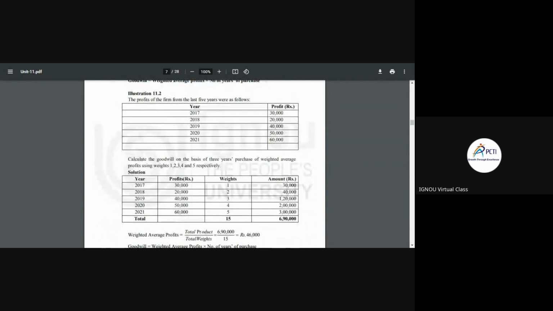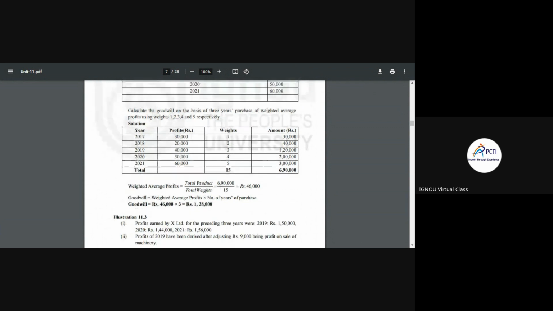So in illustration 11.2, we have different numbers of years and their profit, and they ask us for the weighted average profit using weights 1, 2, 3, 4, 5. Like this table, we can calculate the profit of different years which we already have. Then we multiply profit by the weights given in the question, and the total of weights is 15, and the total of amounts multiplied by weights will be 6,90,000.